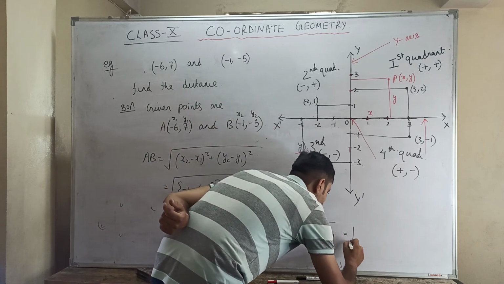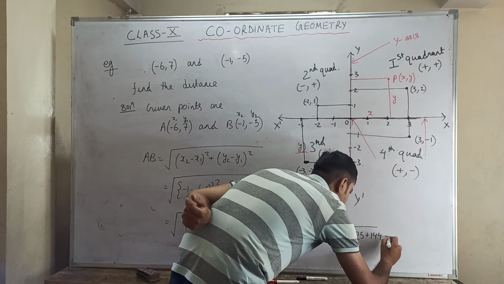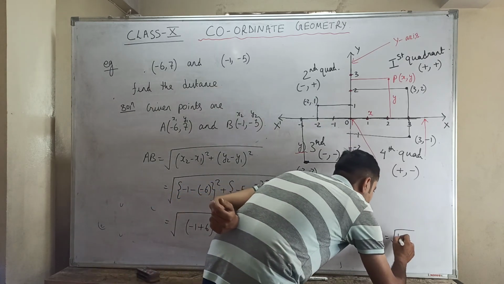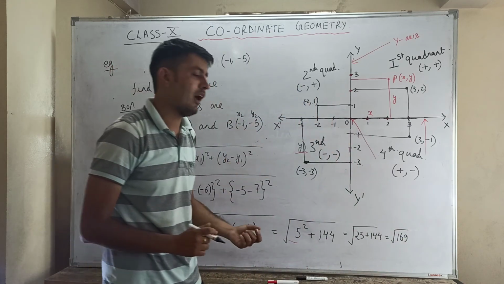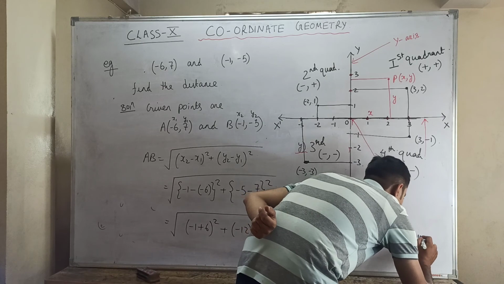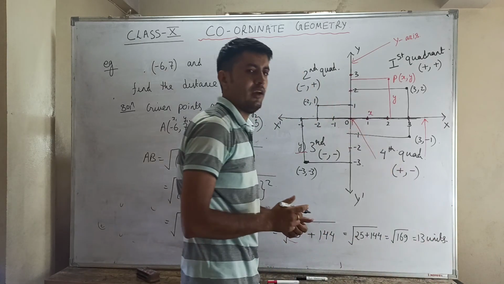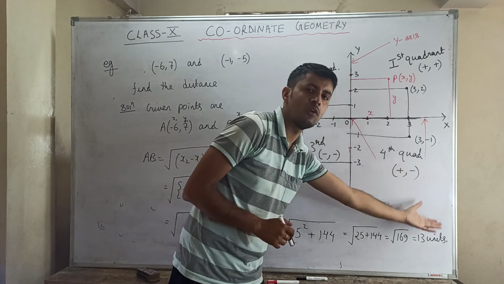So it will become root over 25 plus 144, root over 169. What is the square root of 169? It is 13. And write the units. It is not centimeter, it is not meter. You have to give the unit as units only.